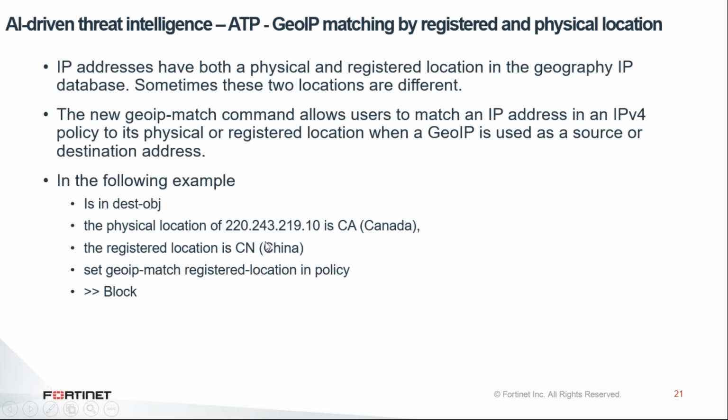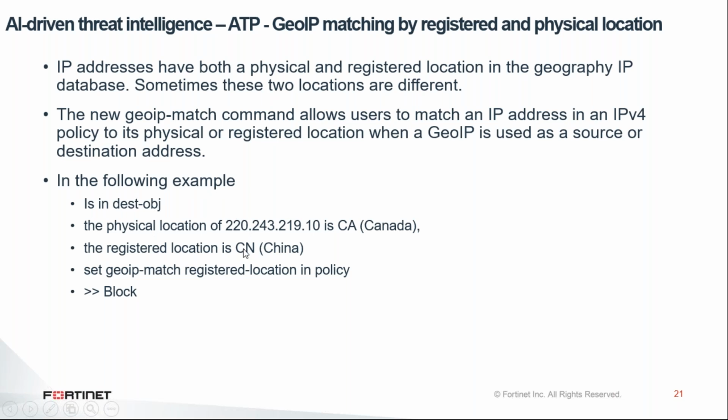So what you can now do in your policy, and it depends on the use case of your customer, a customer can say if the real IP address location is not the same as the registration location, we do not allow the communication to that IP address.